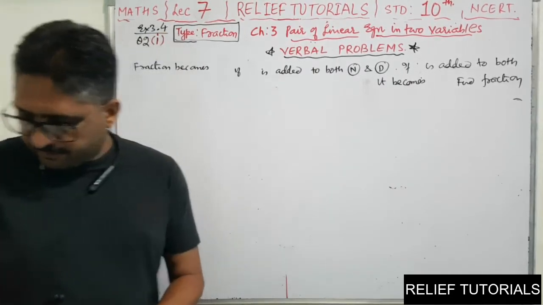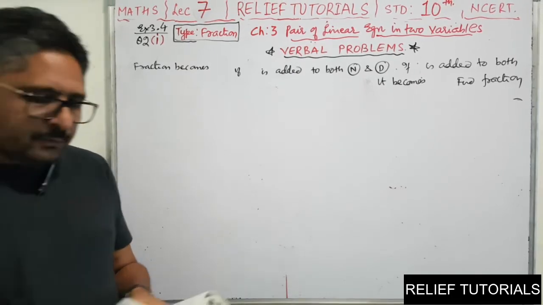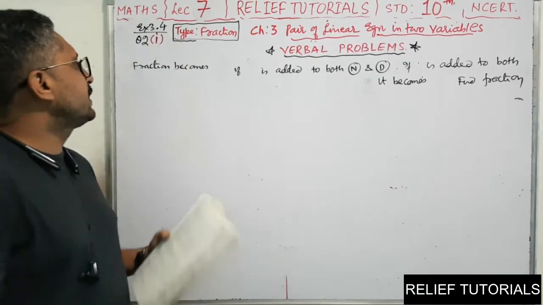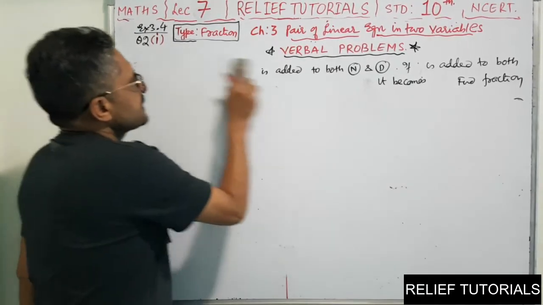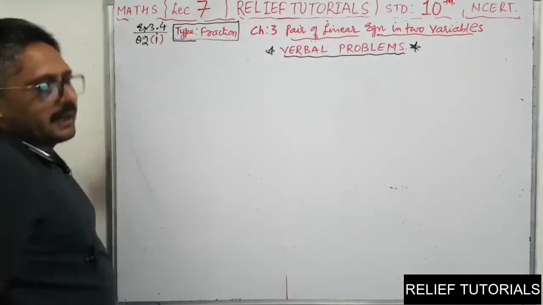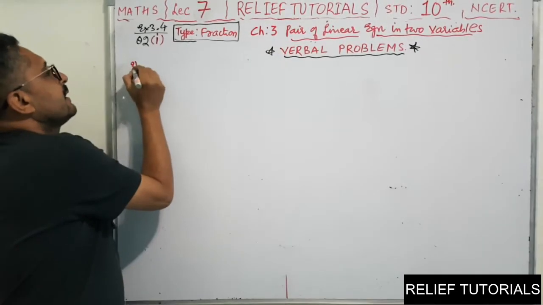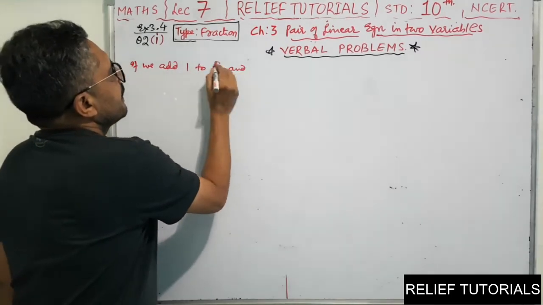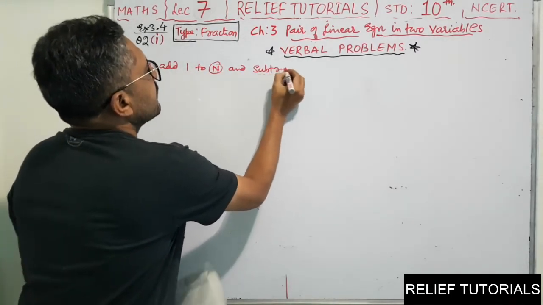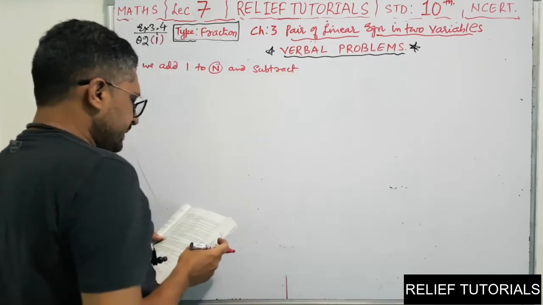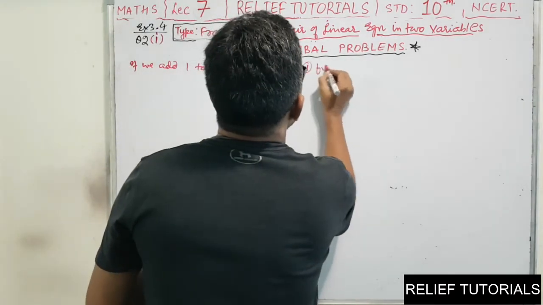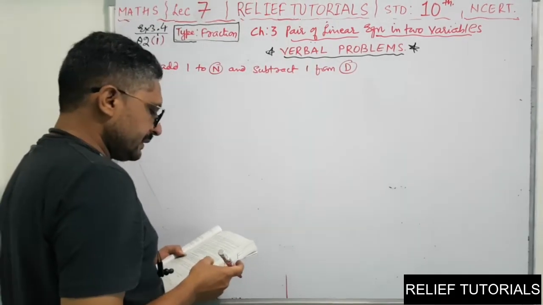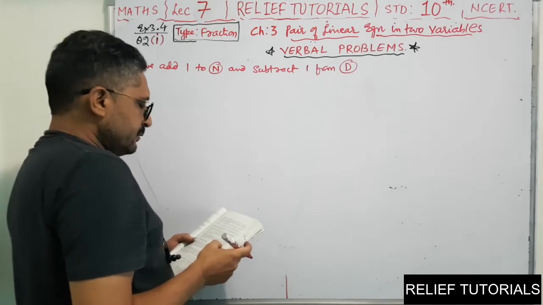See, I will read the question. If we add 1 to the numerator and subtract 1 from the denominator, the fraction is reduced to 1.